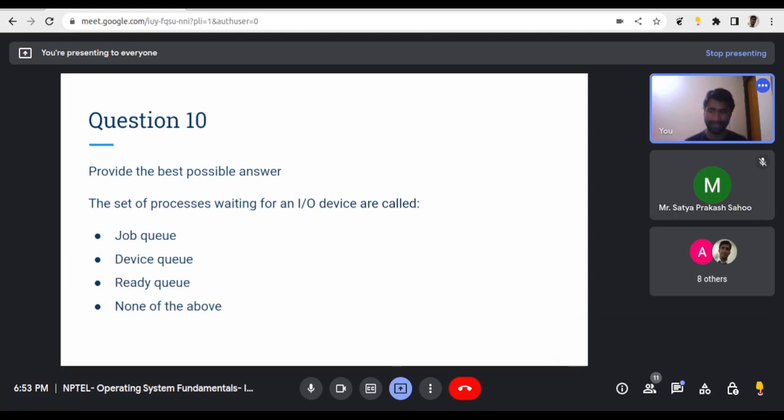Think again. So these are the three main queues that are present. So device queue is also known as waiting queue. Since I've written IO device, I've written device queue. Okay, Vishal says device queue.